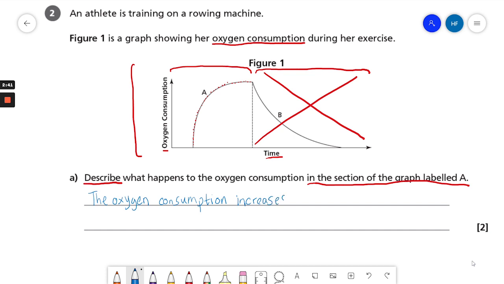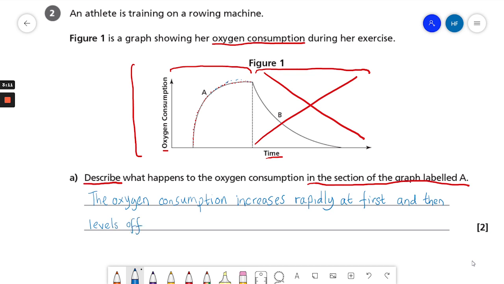So I'm going to put increases rapidly at first, and then it levels off, which we can see up here. So at first, and then levels off. And that will give you 2 marks.